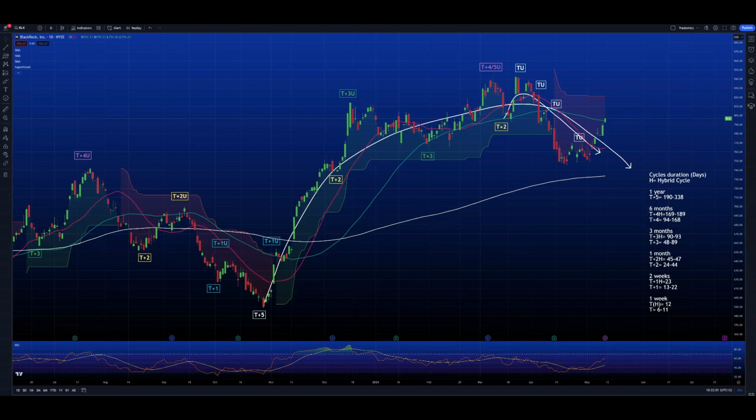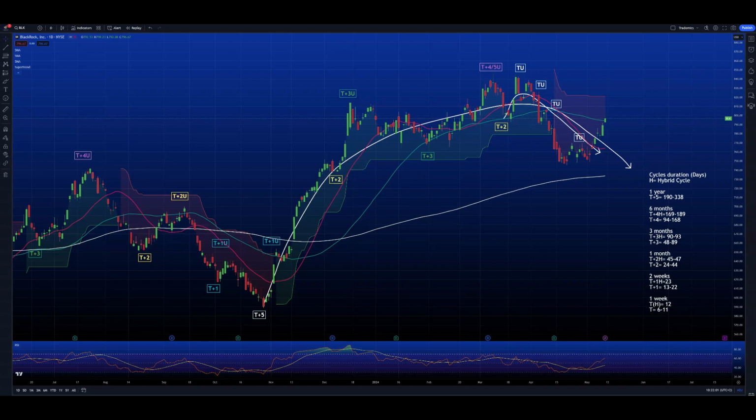So in this case, we had 23 bars out of 24. So our downward cycle has been a T plus 1, not a T plus 2, but a T plus 2 plus a T plus 1 allowed it to complete a downward cycle of a T plus 3 at 54 bars.